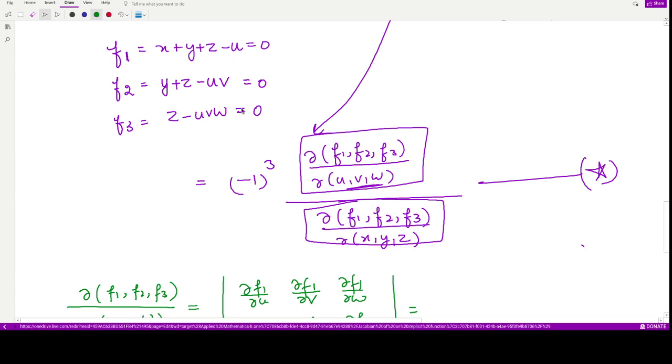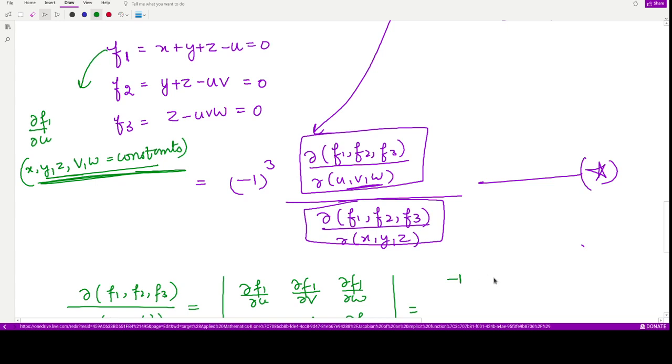So when you take the partial derivative of this function f1 with respect to u, you will keep all others as constant. So that means x, y, z, v and w are all constants here when you compute del f1 by del u. So its derivative would simply be equal to minus 1, and with respect to v and w it would be 0.